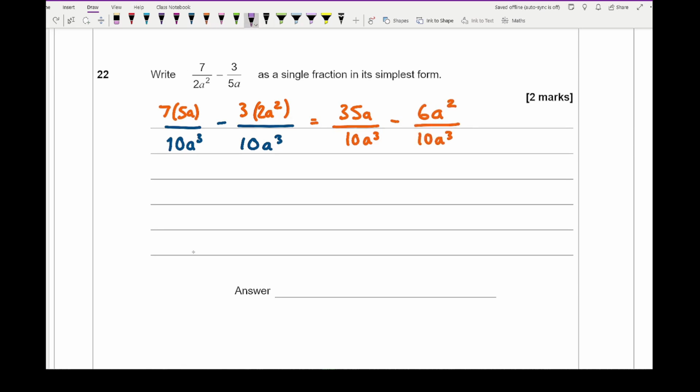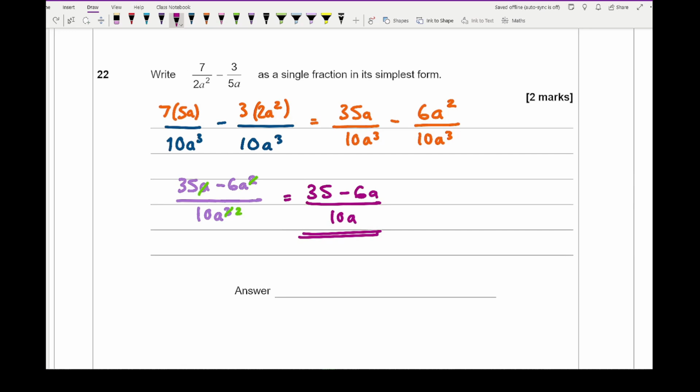Now that my denominators are the same, I can write the two numerators together, which is 35a minus 6a squared, all divided by 10a cubed. Now there is no common factor with the numbers, but there is a common factor with the letters, so I can take an a from each of those, in which case what I'm left with is 35 minus 6a, all divided by 10a squared, and that, believe it or not, is the final answer. Or that should be a square.